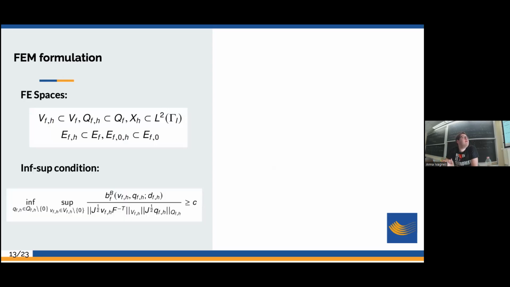And since the fluid part, which is the incompressible Navier-Stokes equation, has a saddle point structure, we need to guarantee that the fluid velocity, pressure, and displacement spaces are inf-sup stable in the following way.